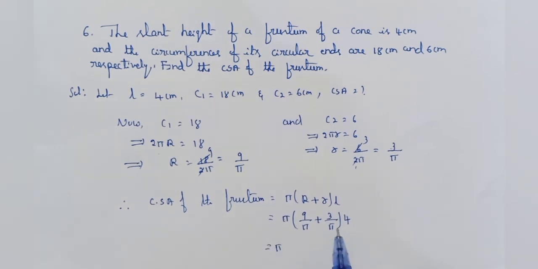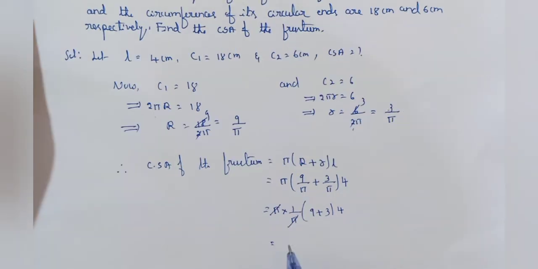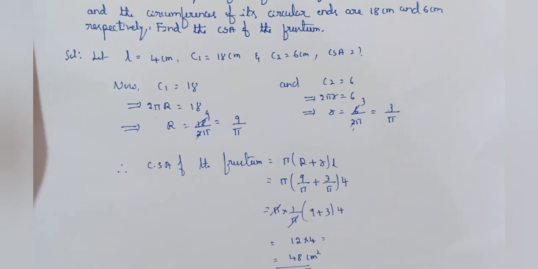Take pi common: pi into 1 by pi is equal to (9 plus 3) into 4. We can cancel this pi. 9 plus 3 is 12, into 4, 12 4s are 48 square centimeter. So the curved surface area of the frustum is 48 square centimeter.